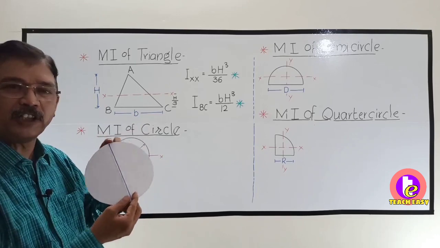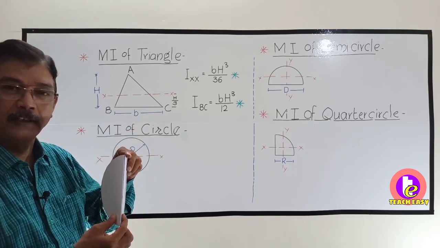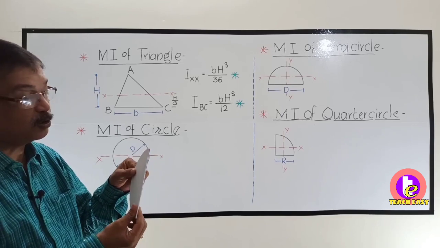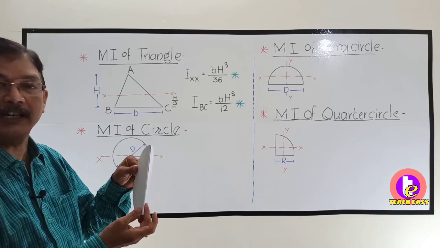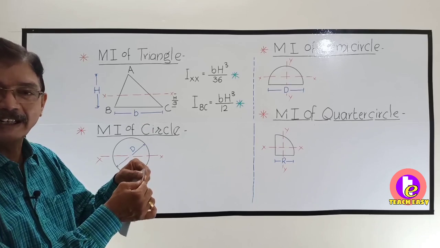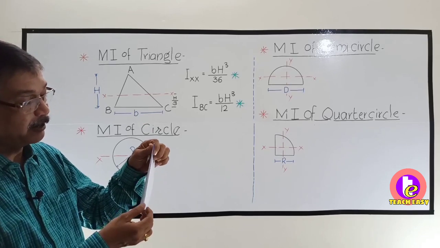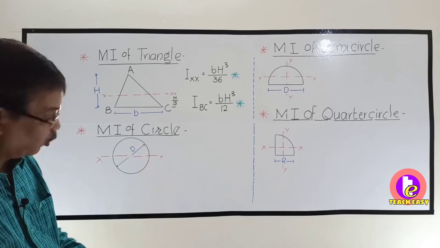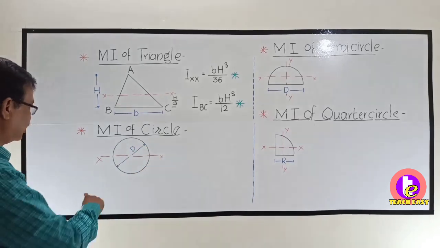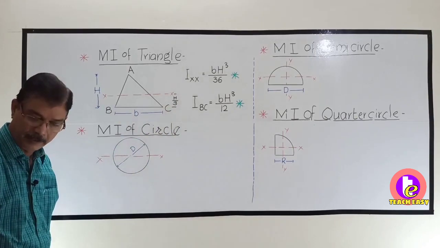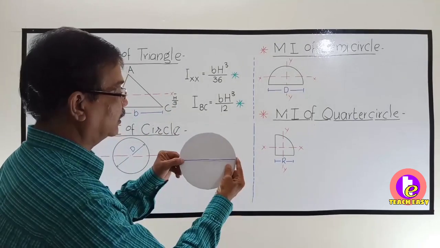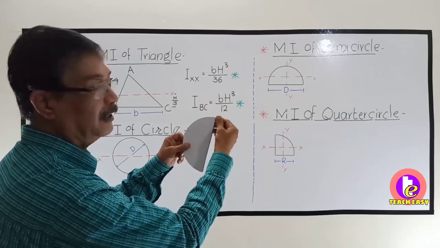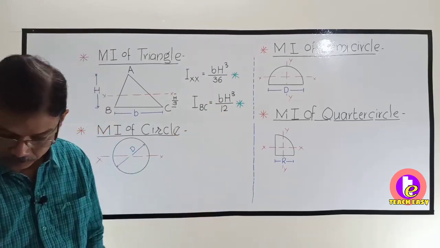The figure which can be folded into two equal halves, that is, these two folded sides are mirror images of each other, then this particular axis is said as axis of symmetry. For circle, we know that circle is always symmetrical about any diameter. So it is symmetrical about the diameter.